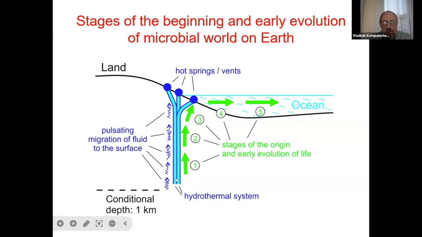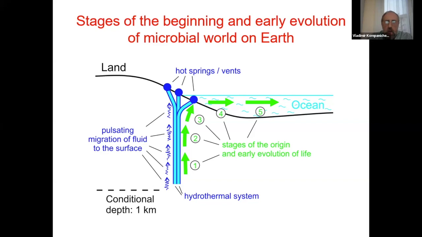It's supposed that this process was very extended in space and time, because on the earliest Earth there were a lot of hydrothermal systems.